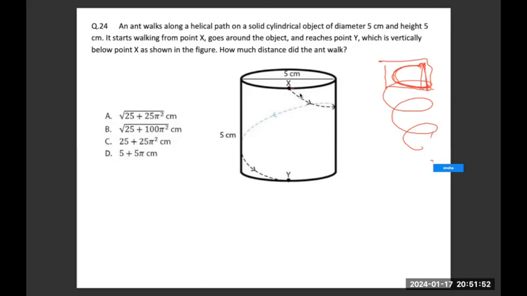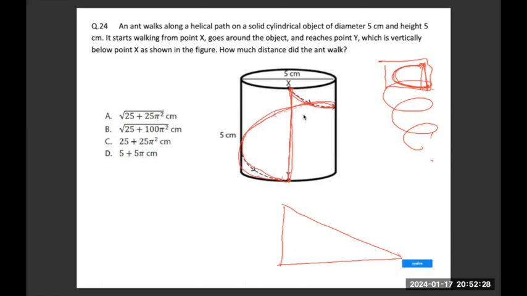So in this case, this one knot is this. When I cut along this line and open it out, and also cut along the spiral and open it out, what I will find is a triangle like this, with points X, Y, and Y dash.